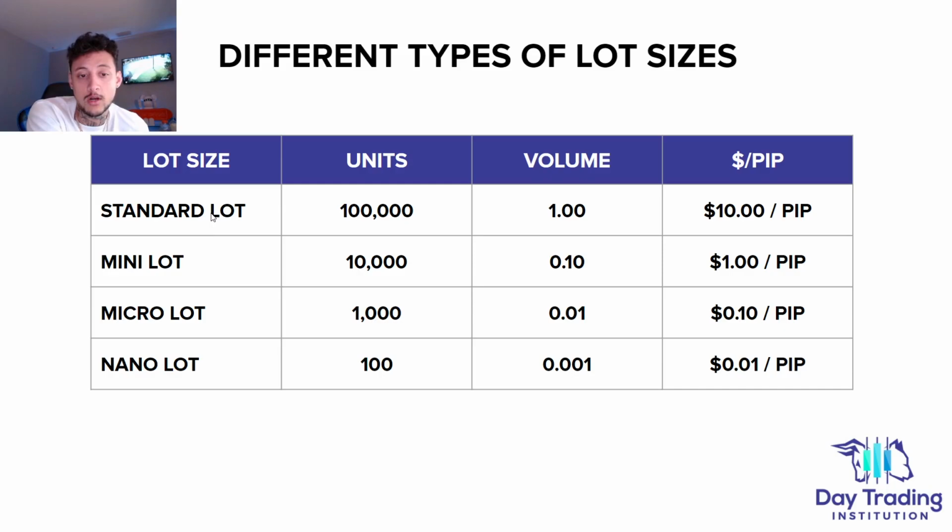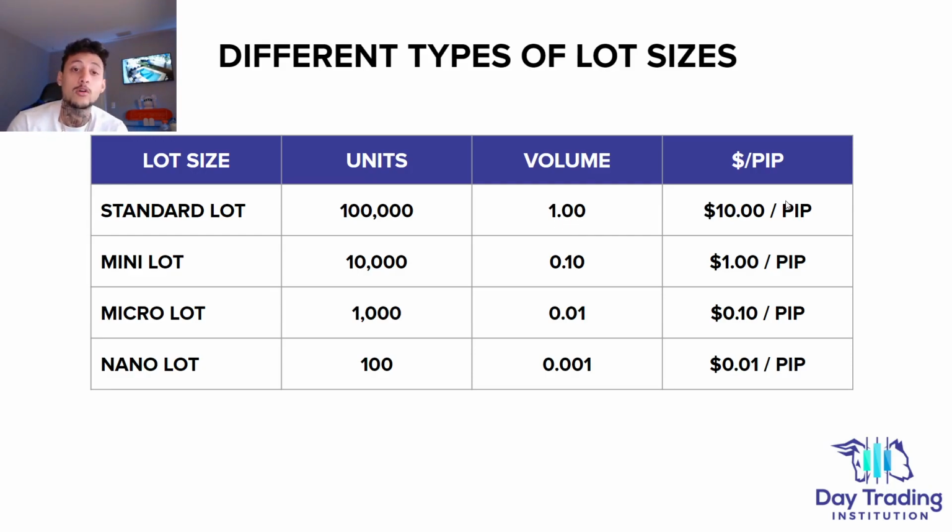Now, the standard lot size is typically the beginner's goal. I want to do one lots because you can make a pretty decent amount of money using one lots. With a standard lot size, you're buying 100,000 units, which is a 1.00 lot, meaning you're making $10 per pip.